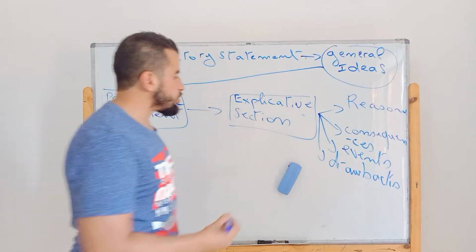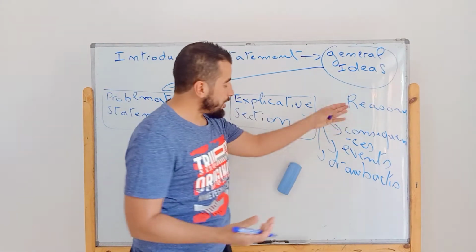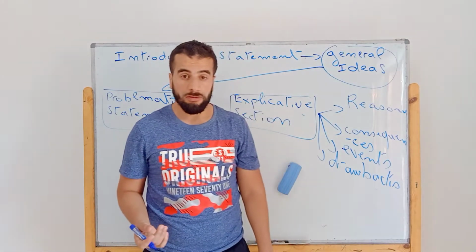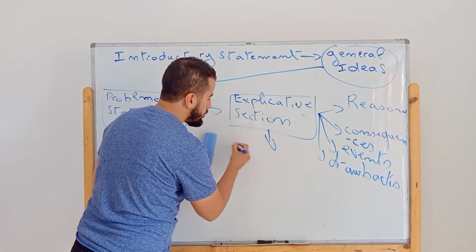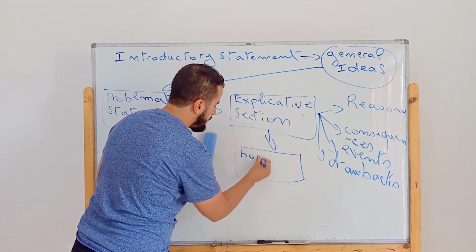When we address the drawbacks, we move to other things. So these are the elements that you are going to explain in your body paragraph. So here in the explicative section, you are going to talk to make it in the body paragraph.